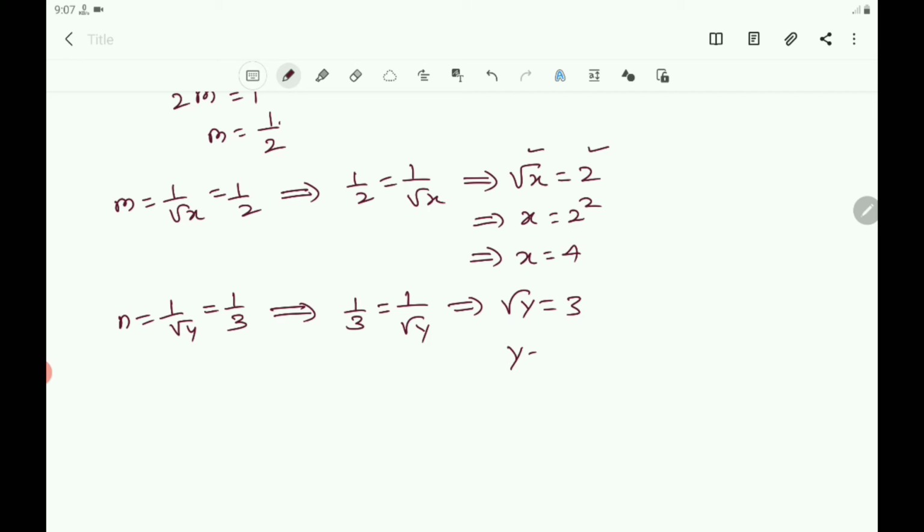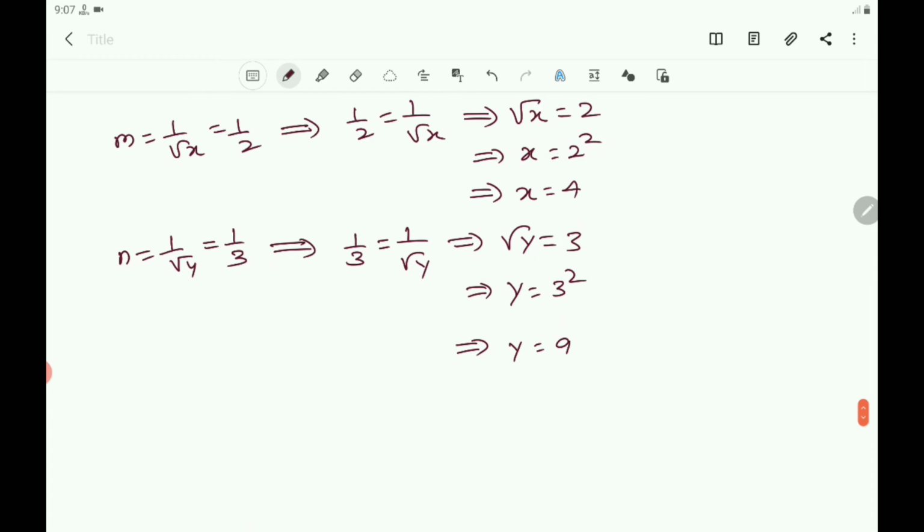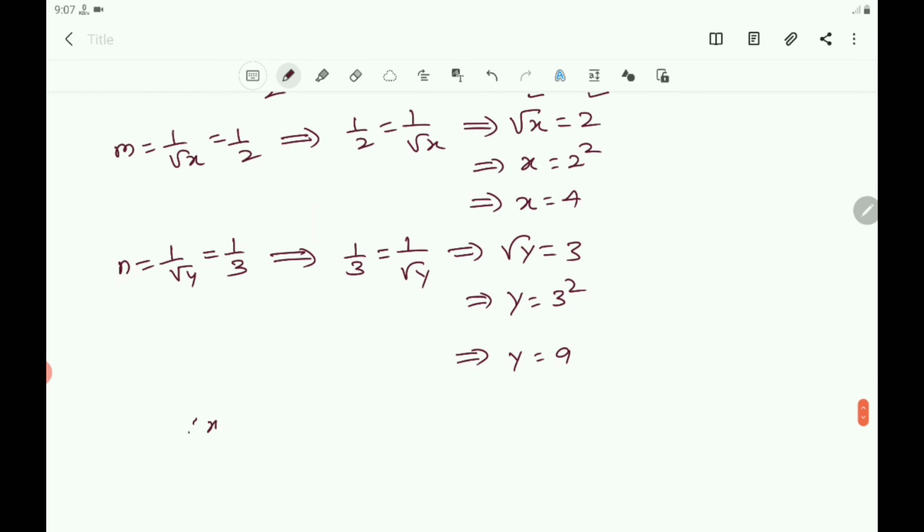So y is equal to what? 3 square. To remove the root we take the square on the RHS. So y is equal to 3 square, that implies y is equal to 9. Therefore you got x equals 4 and y equals 9. This is the solution of the given pair of linear equations in two variables.